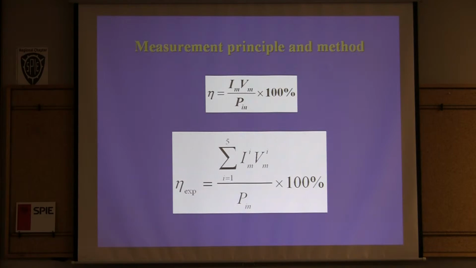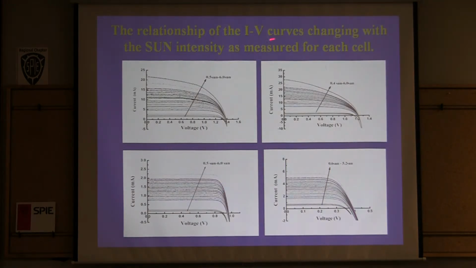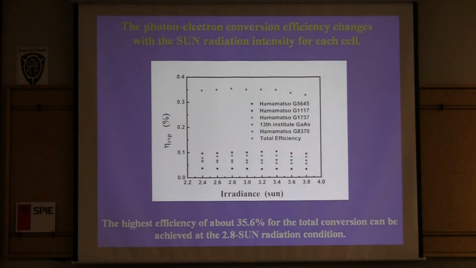It's the calculation of the ratio; the conversion efficiency can be added together. That's the incident power, which we can calibrate with a standard solar cell. Then for the other 5 solar cells we add the power together. Also, the IV curve changes with the sun intensity measured. So add them together.